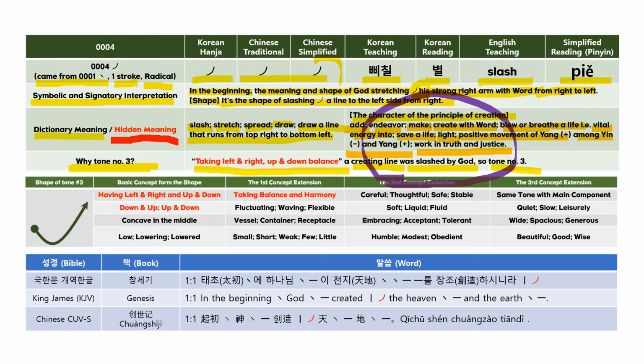So tone number 3. Can you imagine? Balance, up and down, left and right, in harmony. So this character can be memorized as the character having tone number 3. Okay?